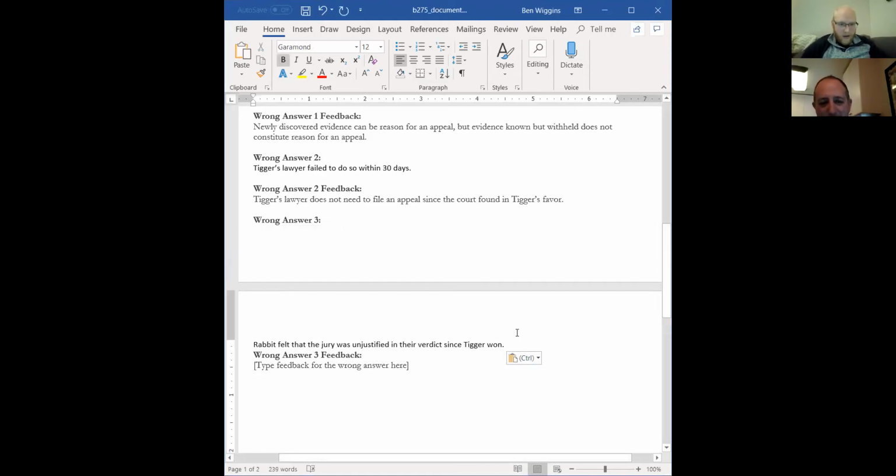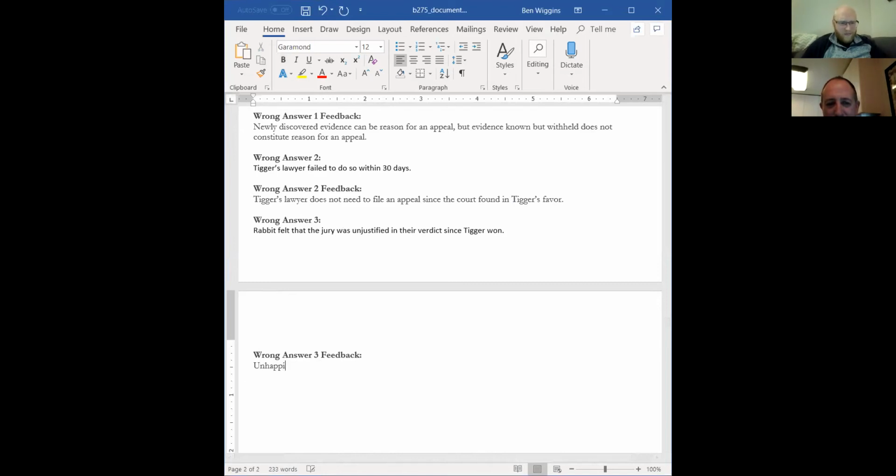And in this case, we're saying that unhappiness with the result does not constitute appeal unless it is due to misconduct or irregularities within the trial itself.